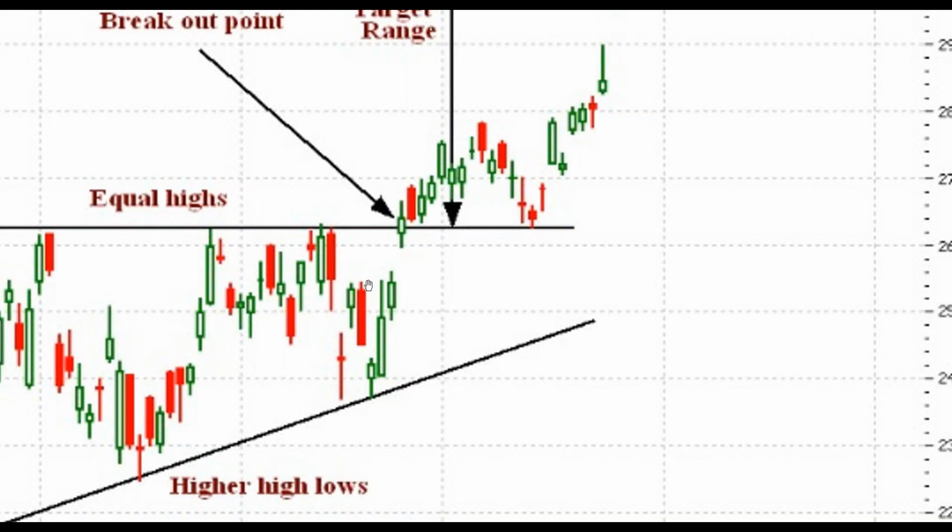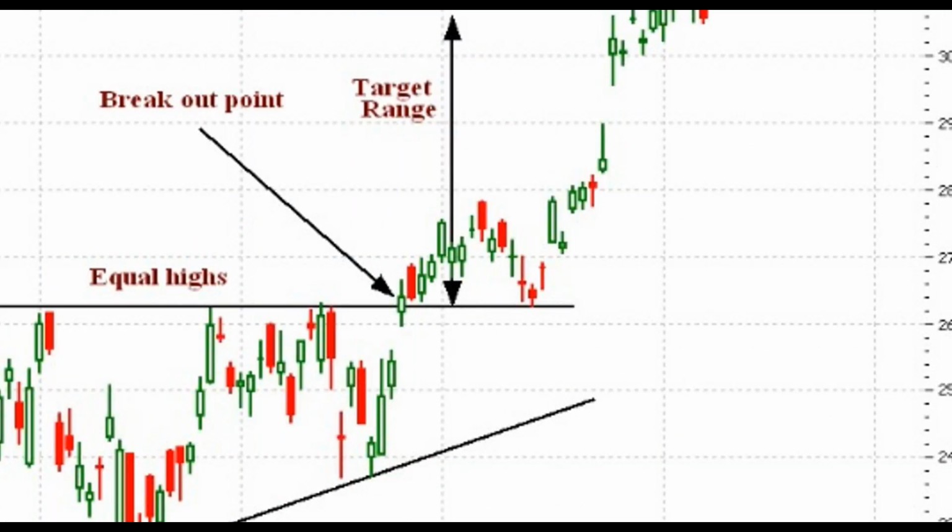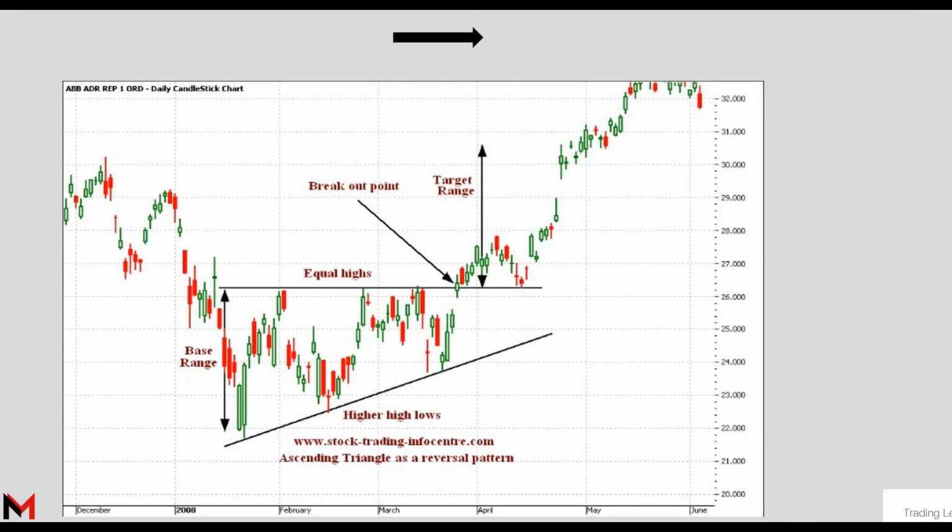But if not, here, just slightly below the trend line and slightly below the latest low that we had. Okay. Yeah, so let's move on.